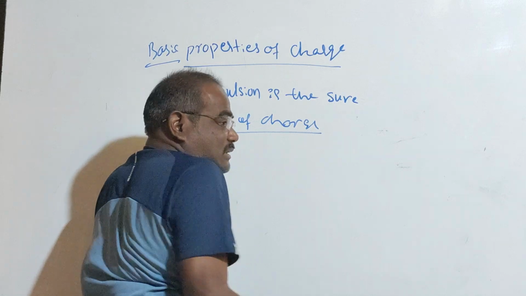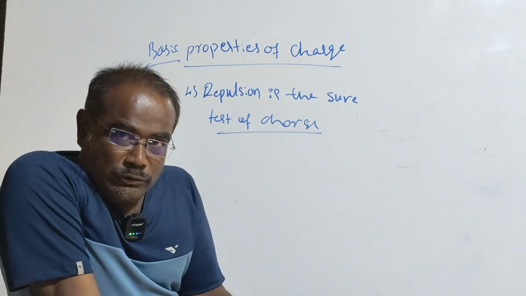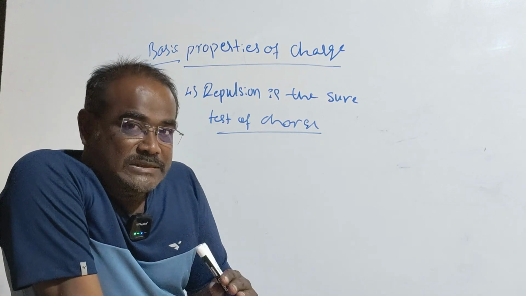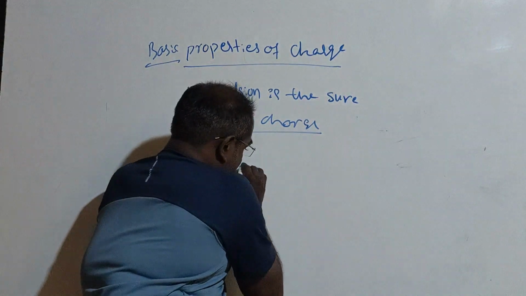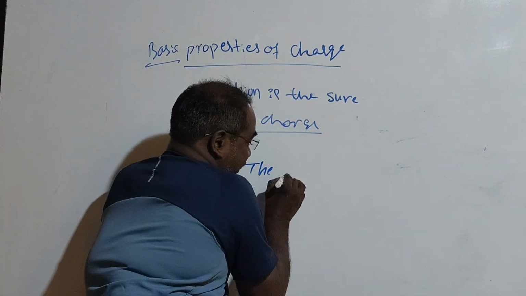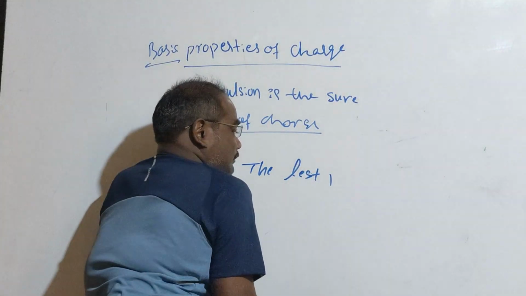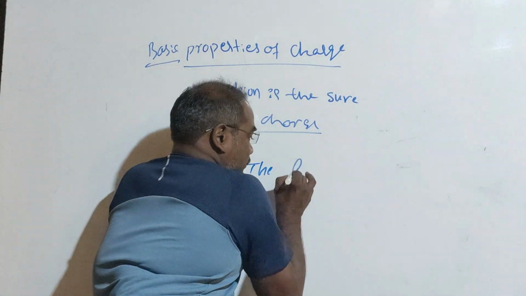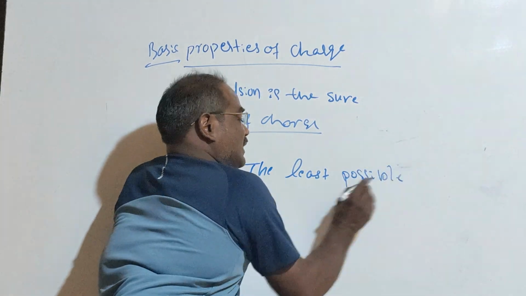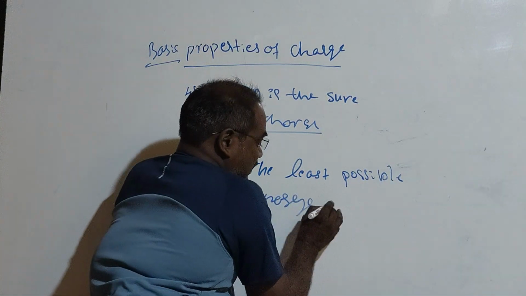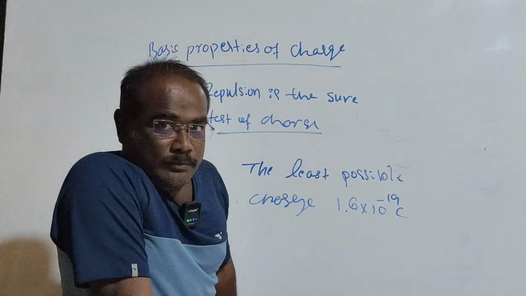One thing keep in your mind, charge can never be a fraction. Charge may be negative, zero, or positive, but never a fraction. The least possible charge is 1.6 into 10 power minus 19 coulomb.